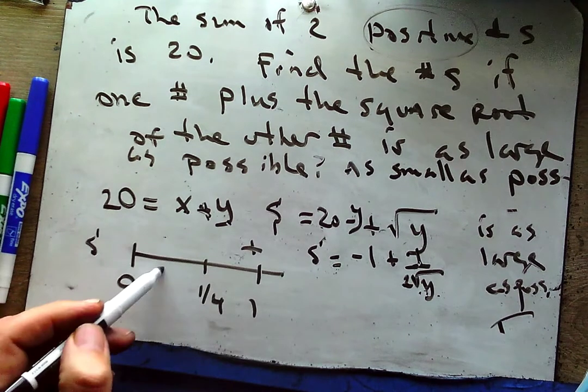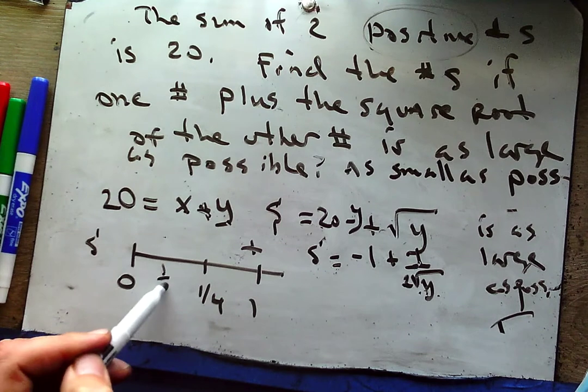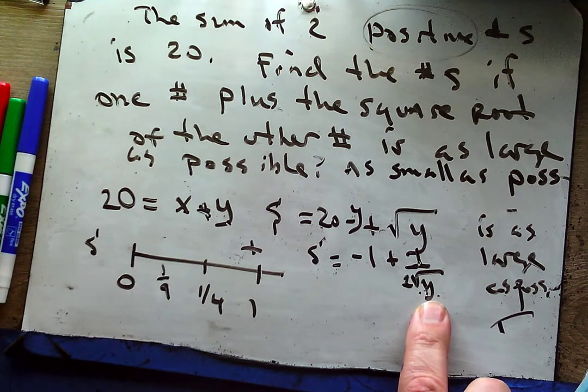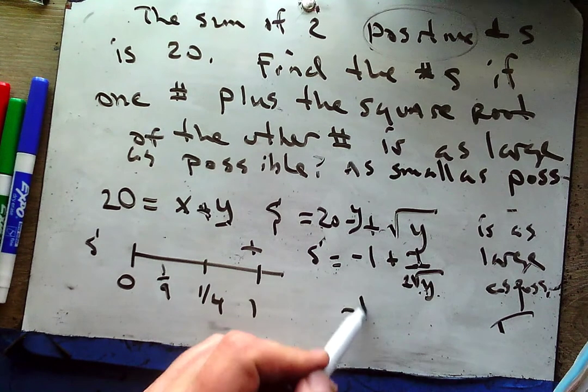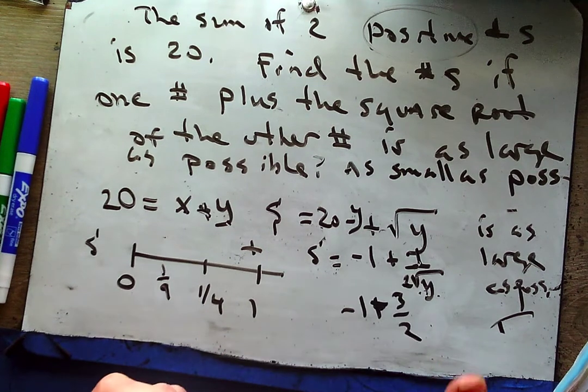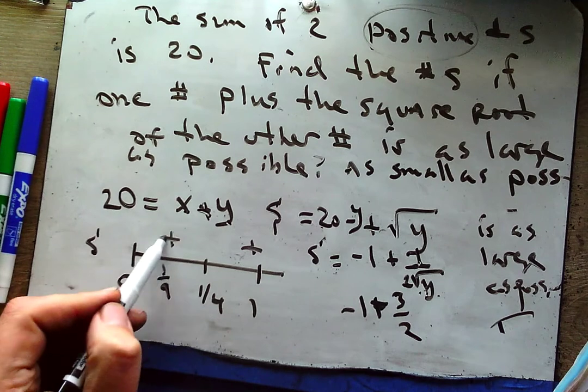Okay, what about over here? I want something easy to take the square root of. Square root of 1/9 is 1/3, so I have 2/3 on the bottom. 1 over 2/3 is going to be plus 3/2. 3/2 minus 1, that's definitely positive.